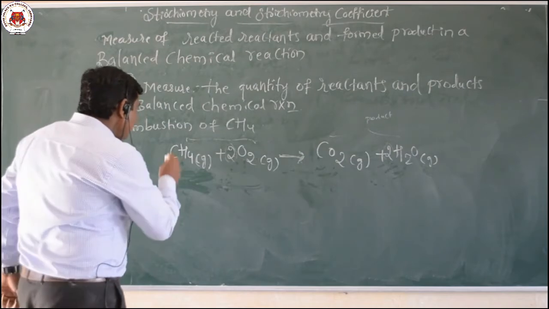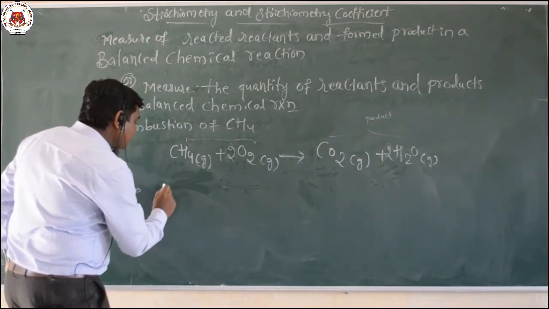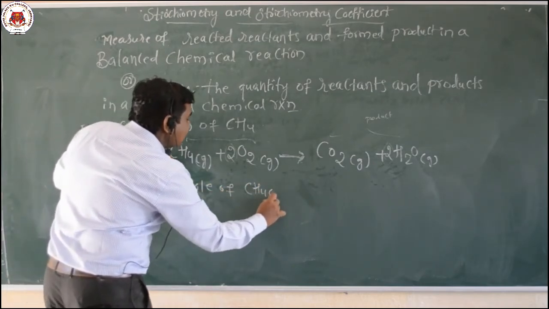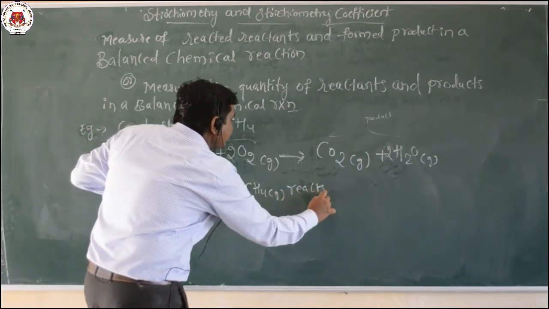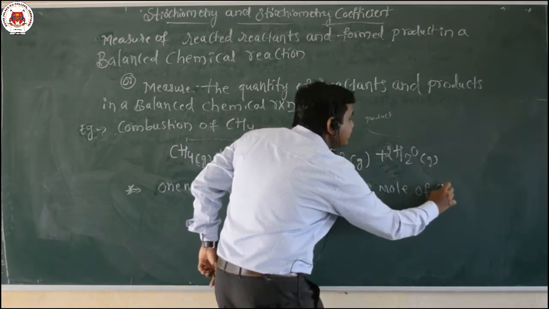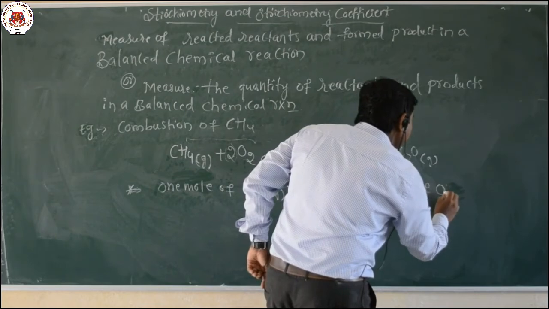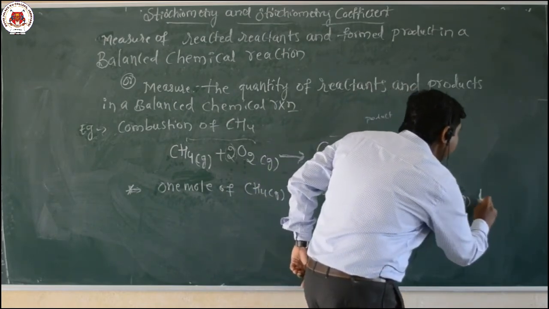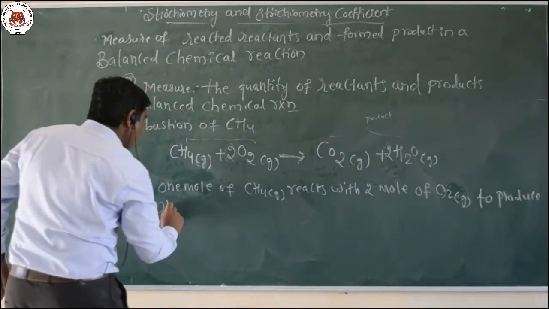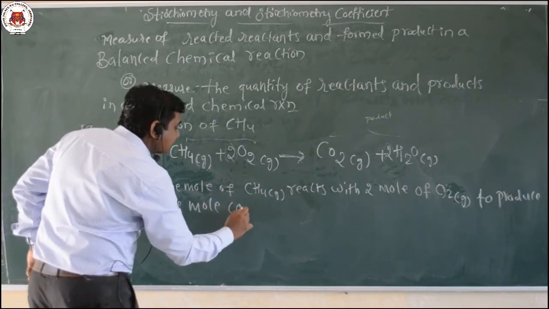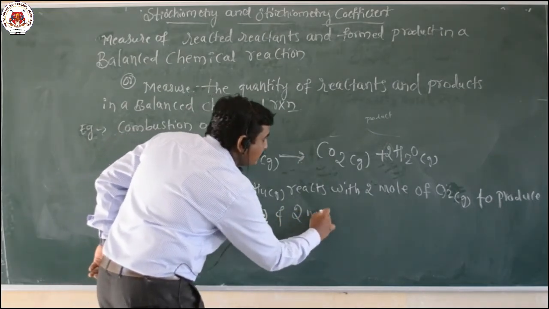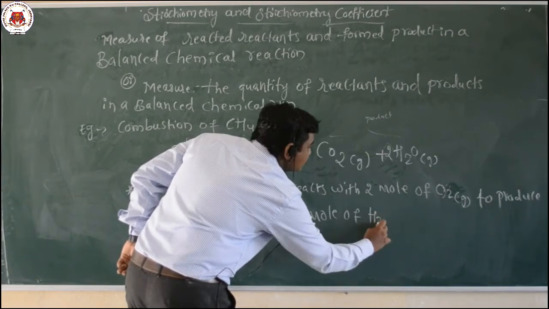So I will write here: 1 mole of methane gas reacts with 2 moles of oxygen gas, that is O2 gas, to produce 1 mole of carbon dioxide gas and 2 moles of H2O gas.